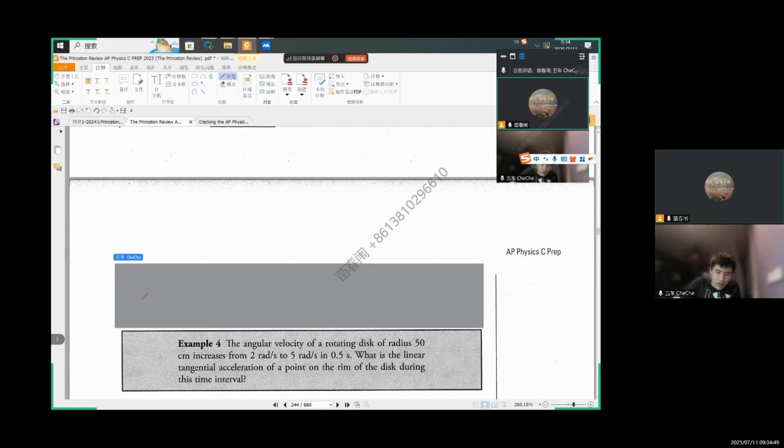Number 4. The angular velocity of a rotating disk of radius 50 increases from 2 radians to 5 radians a second in 0.5. So it has acceleration. What is the linear tangent...? Okay. So the derivative of v, dx, equals what?